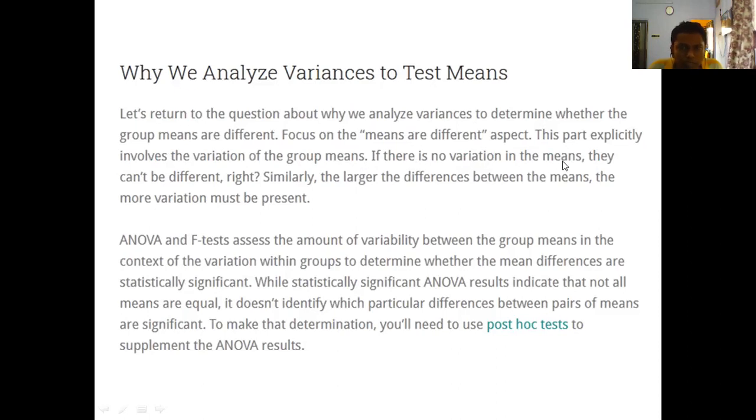If there is no variation in the means, they cannot be different, right? Similarly, the larger the differences between the means, the more variation must be present. ANOVA and F tests assess the amount of variability between the group means in the context of the variation within groups to determine whether the mean differences are statistically significant.